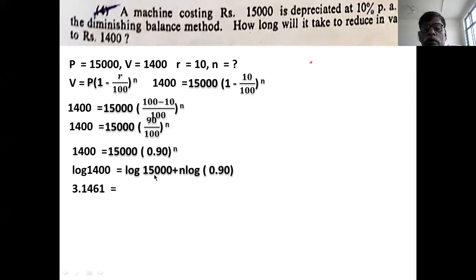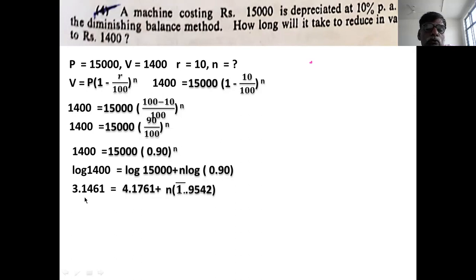And 15,000 characteristic is 4, its log is 1761, plus n in the bracket 0.90. Here 0.90 characteristic is bar 1, and 90 log is 9542.